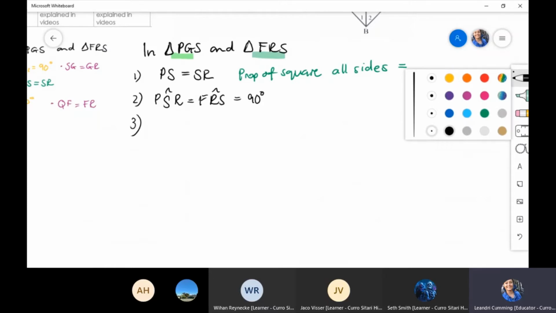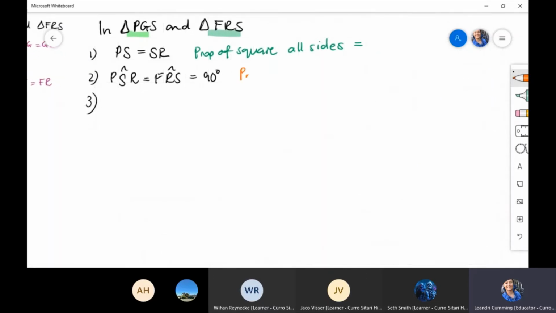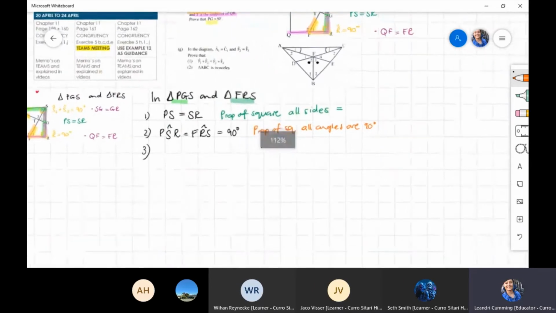And why can I make that statement? It's because properties of my square state that all angles are 90-degree angles, because I'm working with a square.